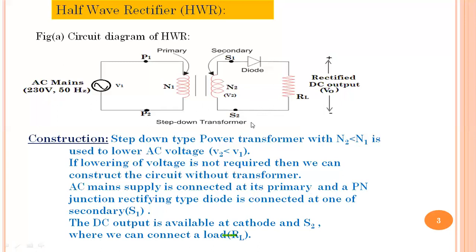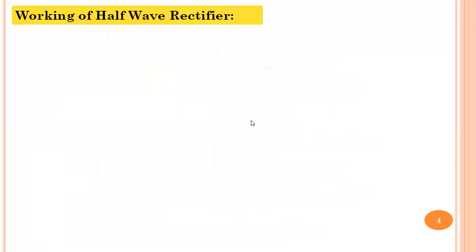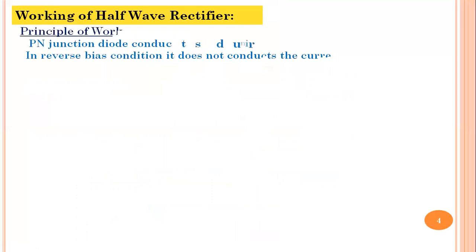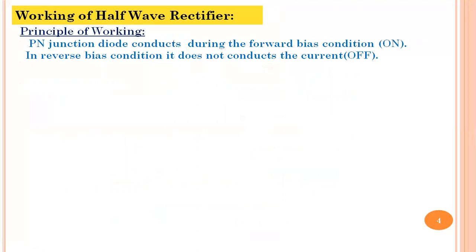We'll understand the working very soon. To understand the working, first let me remind you what you learned in 11th standard about the PN junction diode. You have seen that there are two methods of biasing a PN junction. When do we connect the PN junction diode under forward biasing?